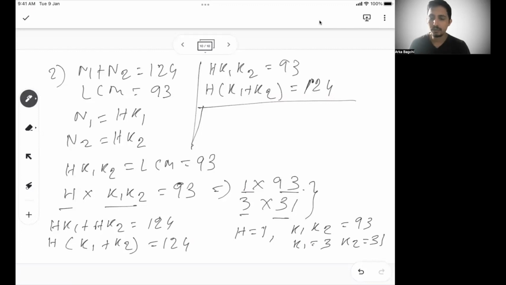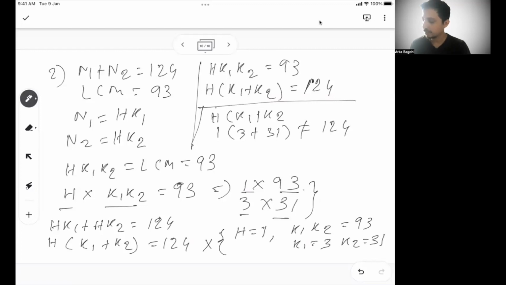In that case, obviously, H into K1 plus K2 will not be equal to 124. If H is 1 and K1 is 3 and K2 is 31, this is not going to be equal to 124. So that's not possible. So this is not a valid scenario.